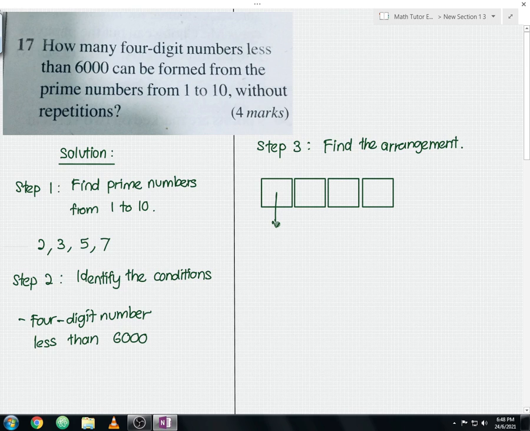Okay, in this case, numbers which is less than 6 are 2, 3 and 5. Okay, you cannot place number 7 over here. If you place number 7 over here, it will be more than 6,000.